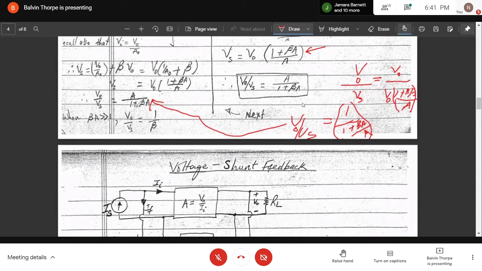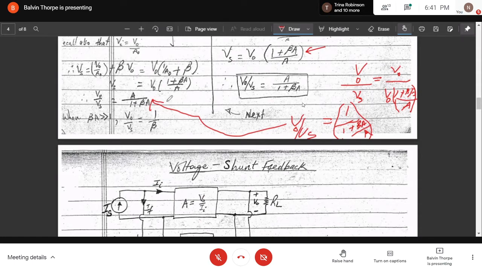And from math, we can simplify this by just flipping it. Because it has 1 over all of this, VO over VS becomes A over (1 plus beta A) by flipping it. And you can see clearly that the overall gain of the network is going to be reduced.